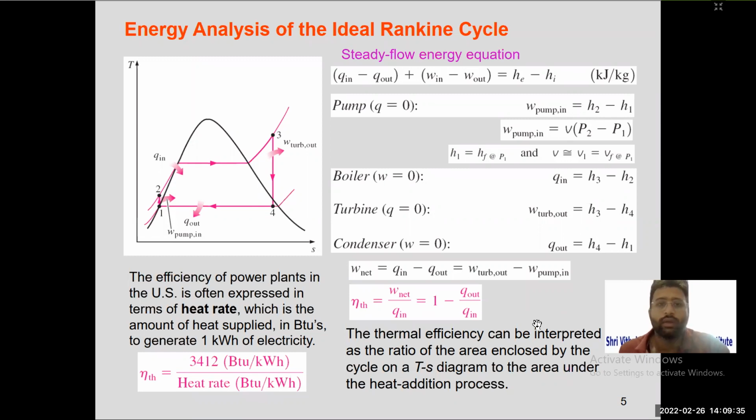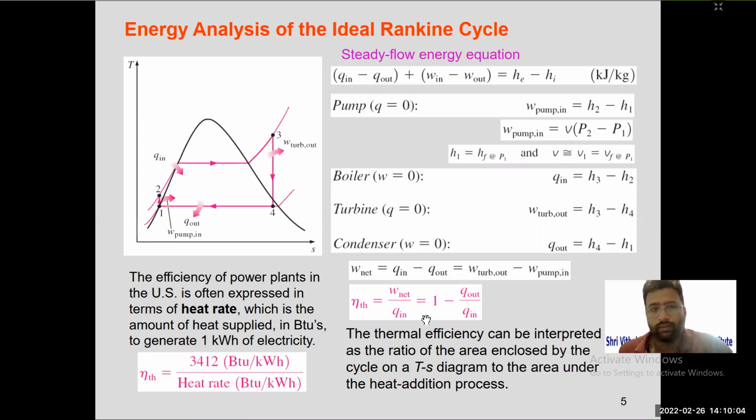Net work is the work done by the turbine minus the work required to run the pump, so WT minus WC, divided by the heat input QH, whatever heat we received in the boiler. So the efficiency formula is in front of you: W net divided by Q in is equal to turbine work minus pump work divided by Q in or QH.